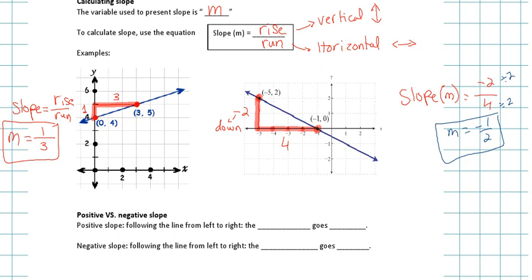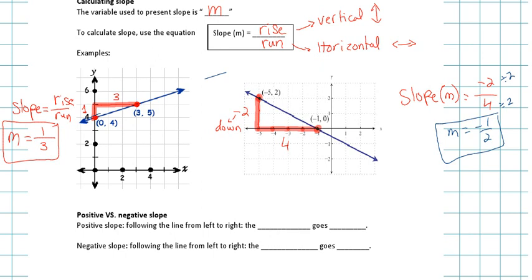Can you guys tell me, what do you notice about this line? Is it decreasing or increasing? Decreasing. Slope of an increasing line is positive. Slope of a decreasing line is negative. This is how you know if you are correct or not.